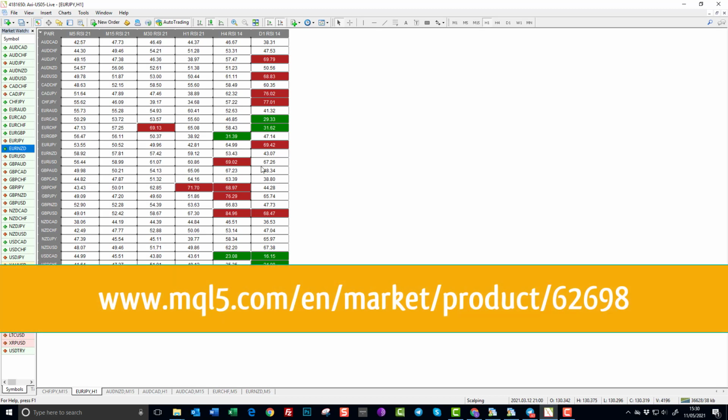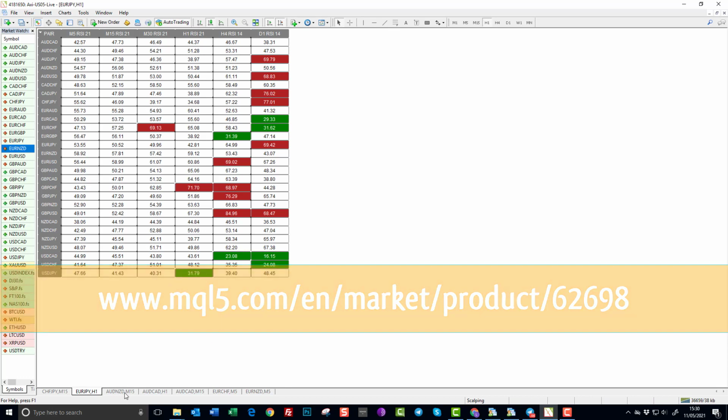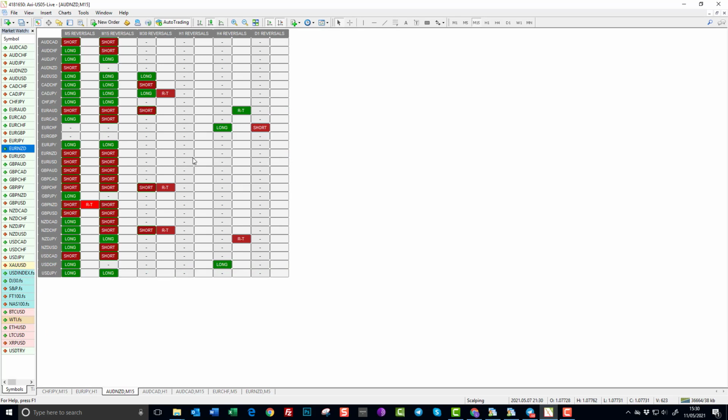So when you see that price has got extended on the 4-hourly chart, for example, you could say, right, I want to stick the EA on the euro pound pair and I want it to take trades for me when I get reversal alerts because I'm expecting some kind of pullback to start. We've got the reversal alerts dashboard here, which is obviously what the EA is replicating. So it's replicating these signals that are received on the dashboard, and that's what it's actually trading.